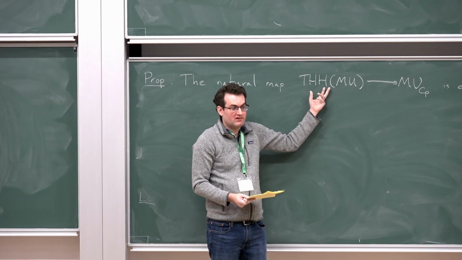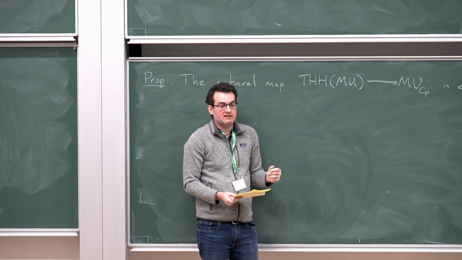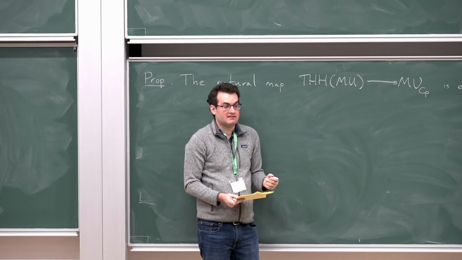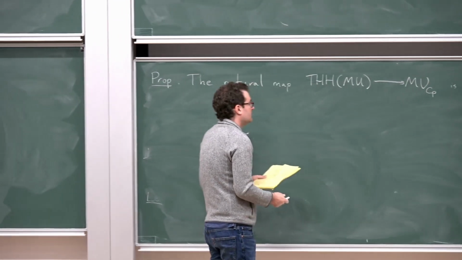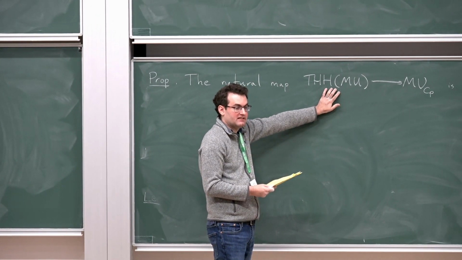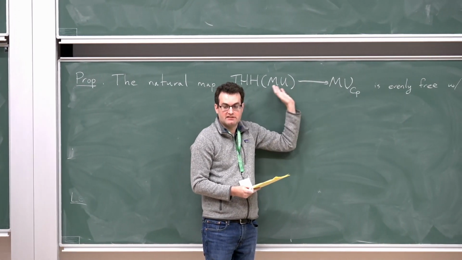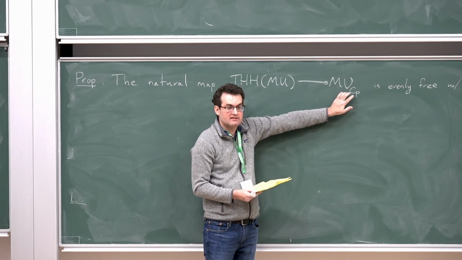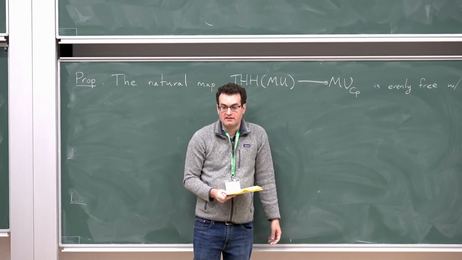I'm writing a map from a Borel object to a not Borel object, and that's going to let me understand this using algebraic geometry. It's exactly like the sphere. So I'll remind you what this is as a CP spectrum in a moment. Again, it's going to be Borel. This, we said, was even, so it just remains to check that this is evenly free. In other words, to understand what this looks like as a module over this CP equivariant.